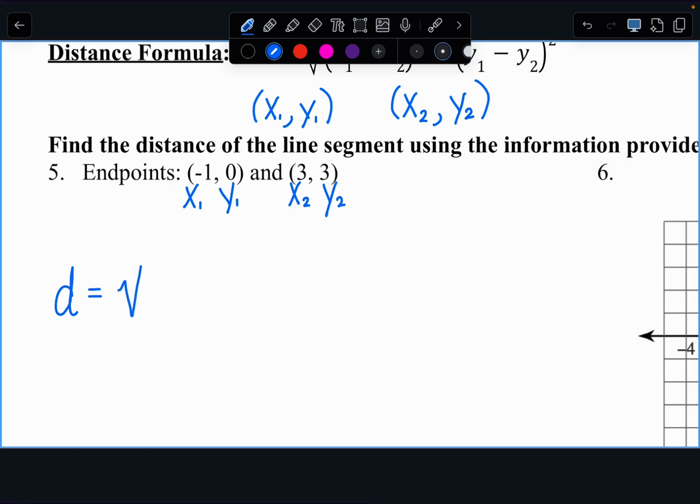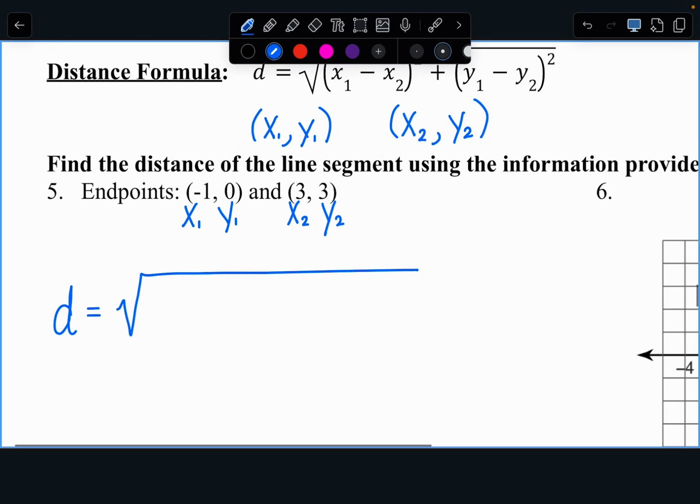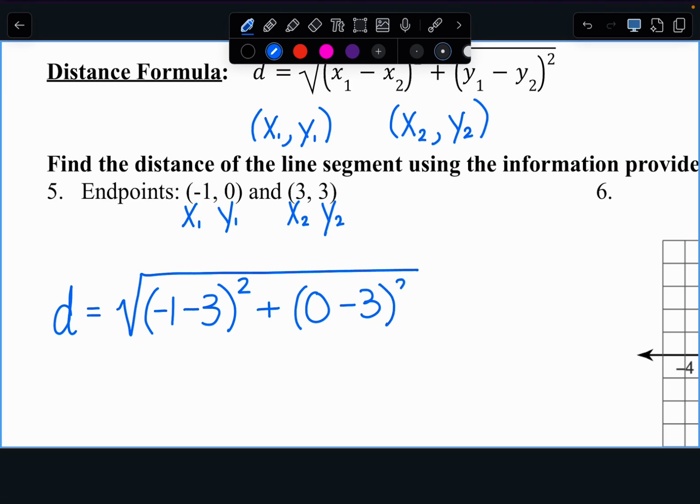So the distance is equal to the square root of your first x minus your second x, squared, plus your first y minus your second y, squared.